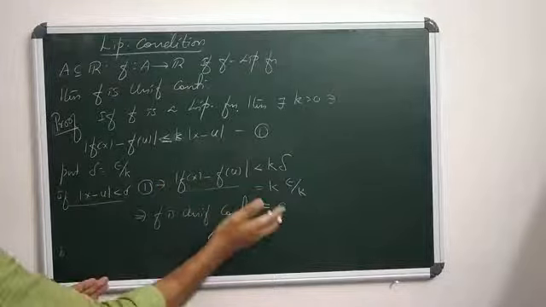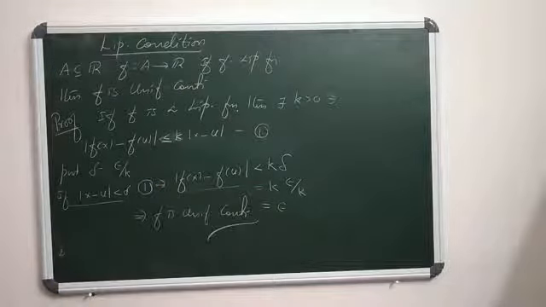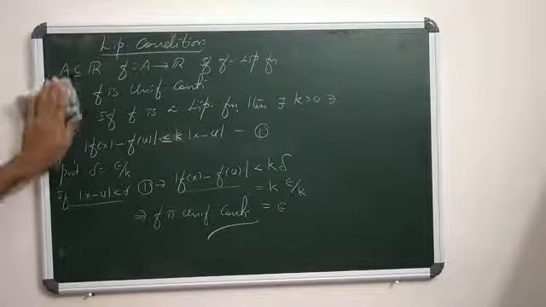That is the condition of uniform continuity. So if a function is Lipschitz, then it is uniformly continuous. What about the reverse? If a function is uniformly continuous, then it need not be a Lipschitz function.